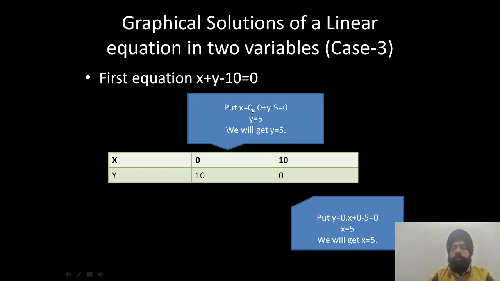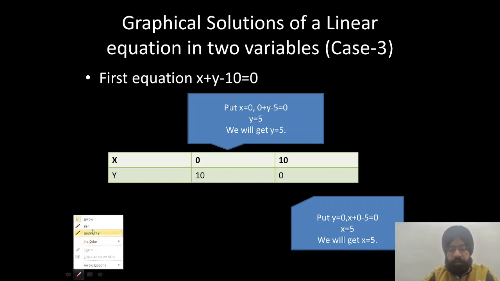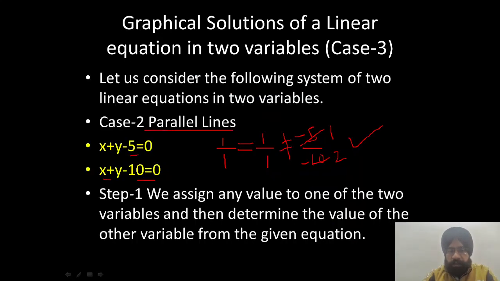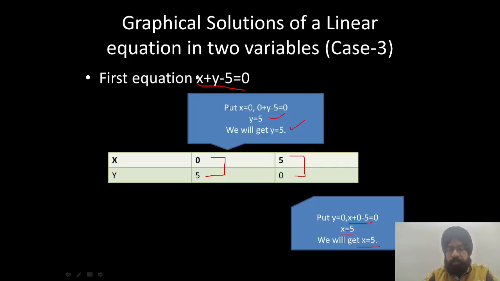Now I'm going to talk about my second equation, x plus y minus 10 equal to 0. Please let me check the equation, x plus y minus 10. Okay, I need to correct this. Please see it carefully. x plus y minus 10 equal to 0.